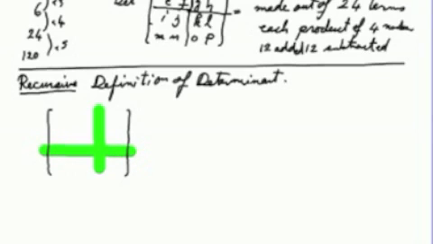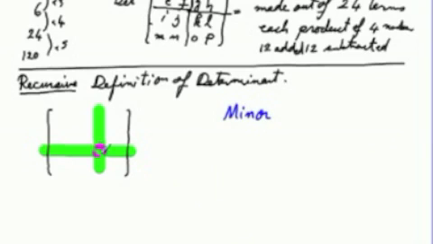So remember, we started with somebody here. If I eliminate all the entries that are on that column and on that row, I say I am making a minor of that matrix.